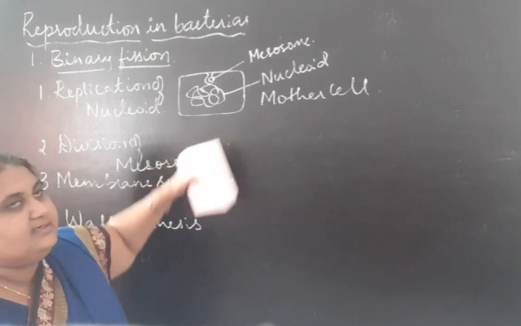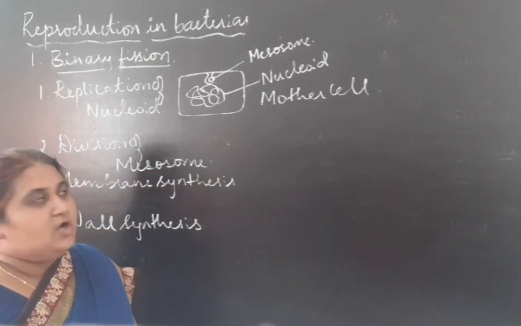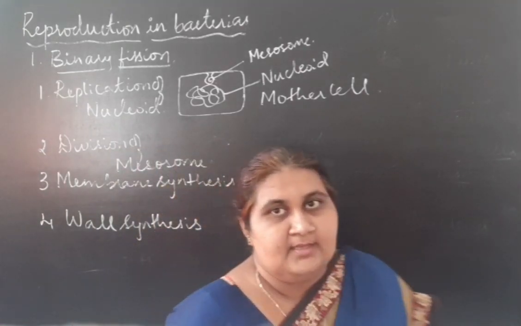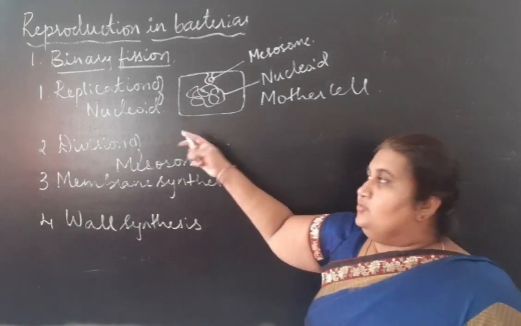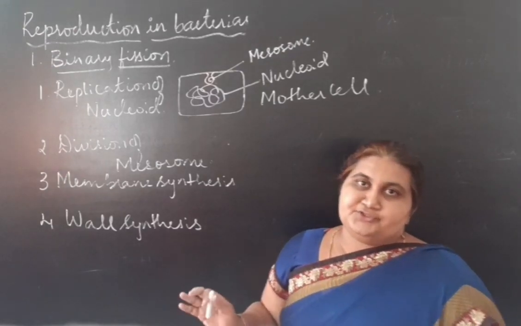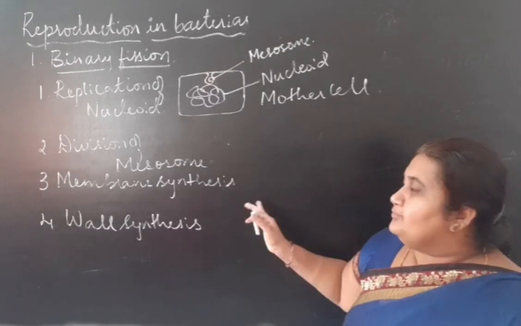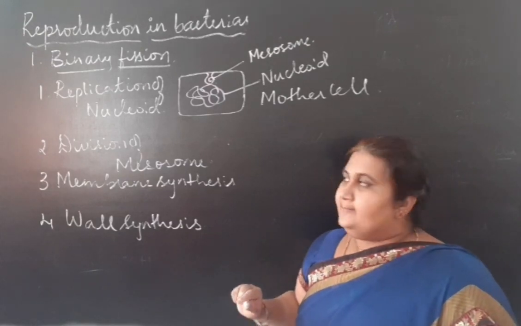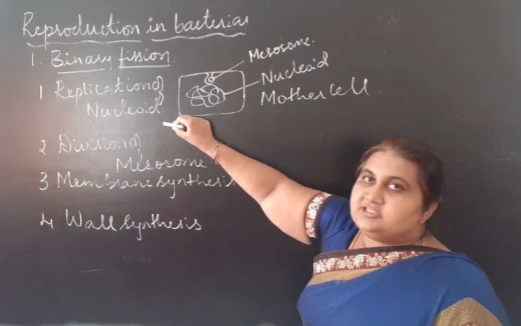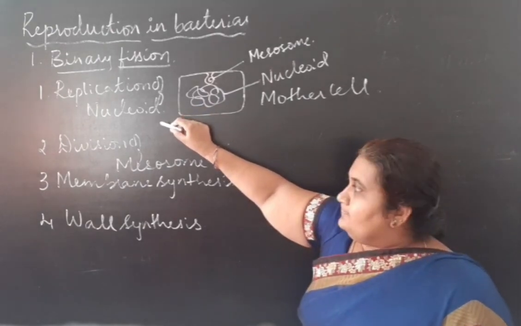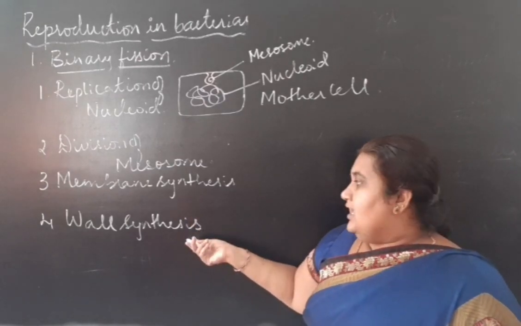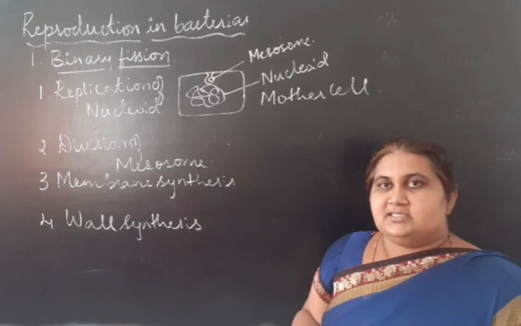A parental cell, a mother cell, undergoes the process of binary fission or cell division and produces two new daughter cells, and that binary fission takes place in four steps: replication of nucleoid, division of mesosome, membrane synthesis and wall synthesis.